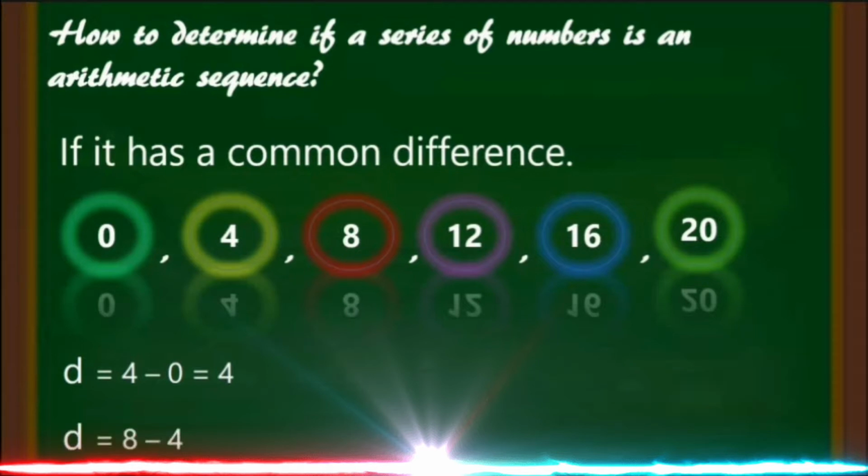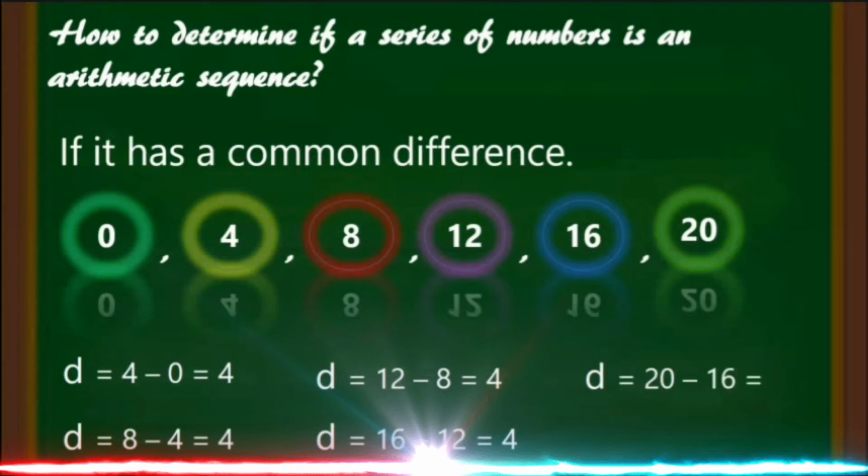Next, d is equal to 8 minus 4, which is 4. Next, d is equal to 12 minus 8, which is 4. Then d is equal to 16 minus 12, which is 4. And lastly, d is equal to 20 minus 16, which is 4.